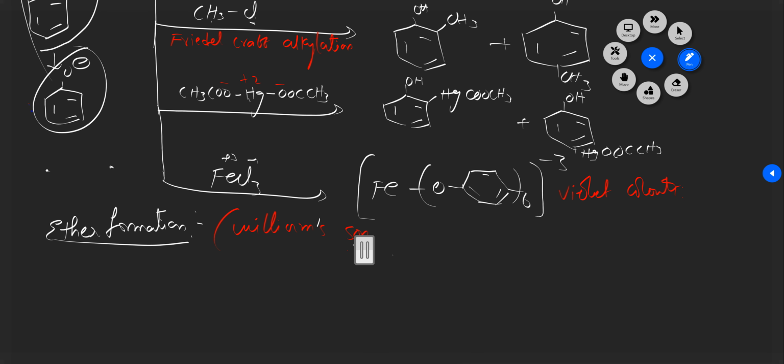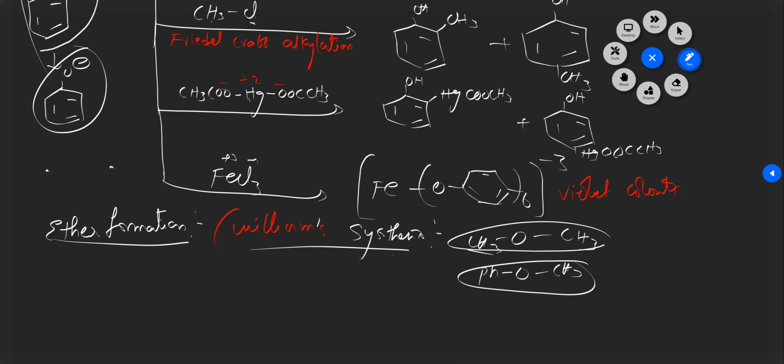Williamson synthesis means we need to form ether molecules, like OCH3CH3. This we can call an ether, or in place of that you can take PhOCH3. This also is an ether. We need to form the ethers by reacting phenol with other molecules.